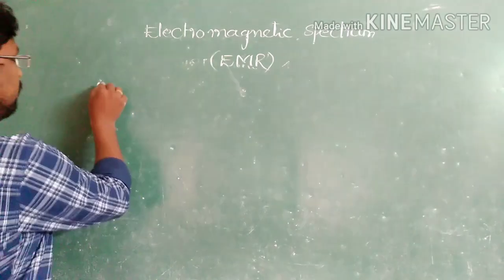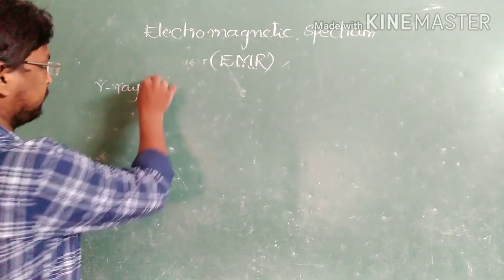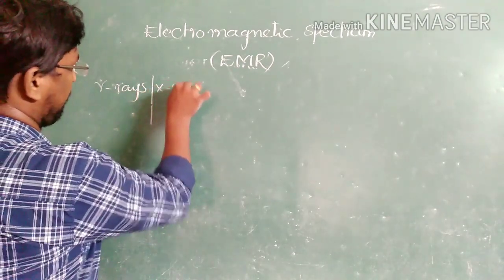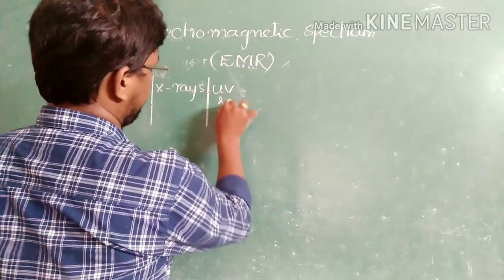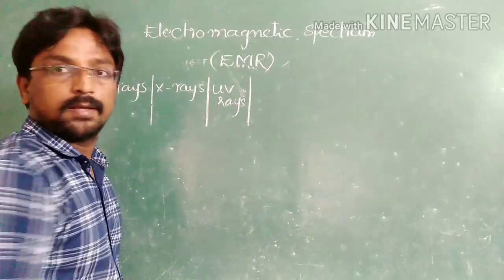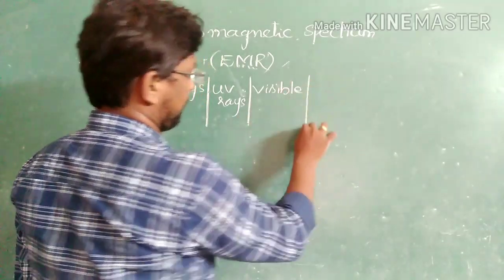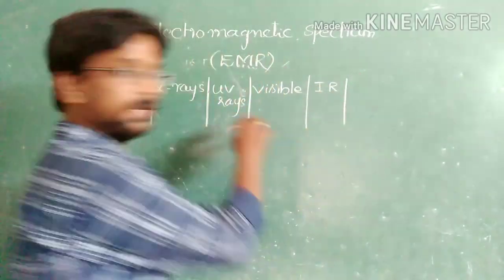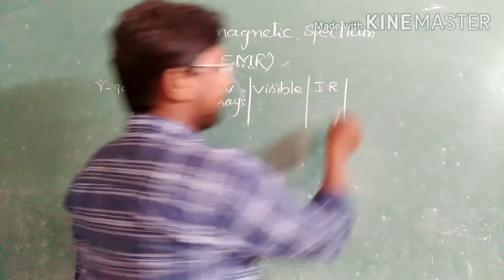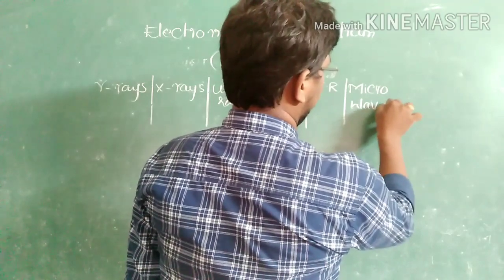First one is gamma rays, X-rays, UV rays, visible light, and IR radiation, that means infrared radiation, microwaves, and finally radio waves.